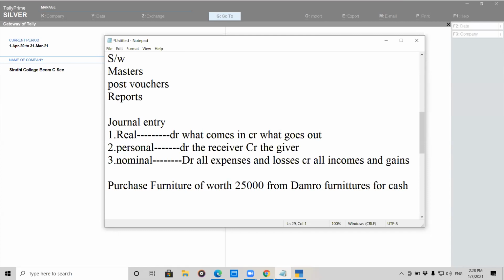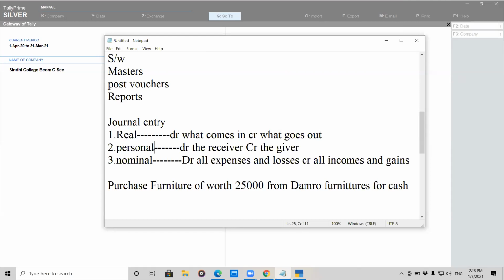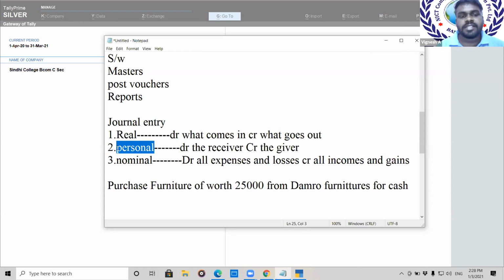Okay, so real and personal, you can't see much difference. Debit what comes in and debit the receiver, both are the same thing. I'll tell the difference. See, real is considered for all the properties of your business. When it comes to personal, it is any account that comes with a name.